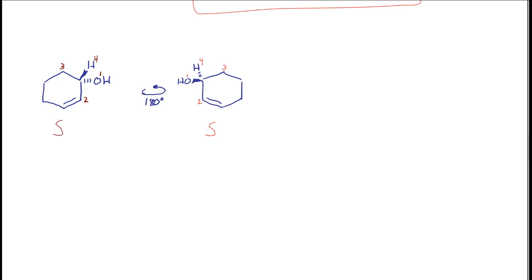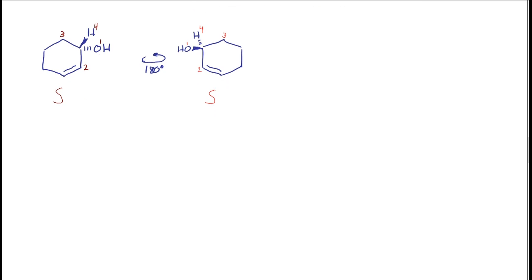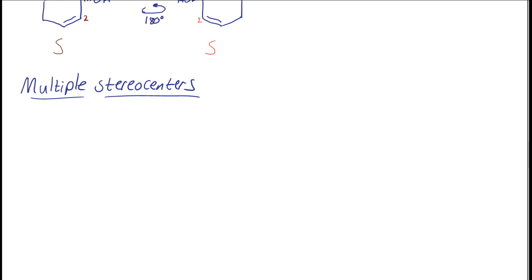All right. So let's look at molecules that have multiple stereocenters. The fun thing about molecules with multiple stereocenters, of course, is they can have multiple configurations, and then there are multiple different possible stereoisomers you can have.